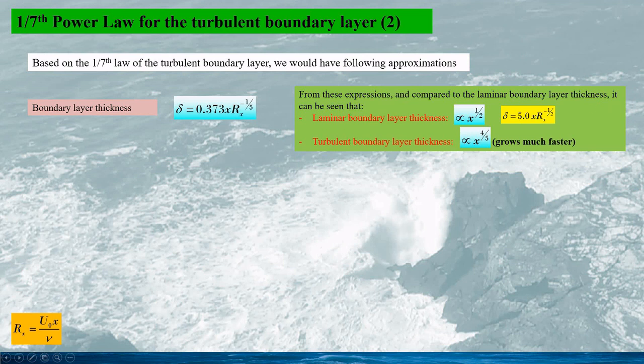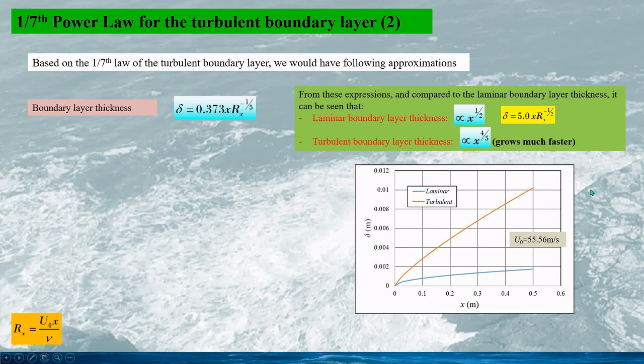It can be seen that the laminar boundary layer thickness is proportional to the square root of x. This is the laminar boundary layer thickness expression. The turbulent boundary layer thickness is proportional to x to the power of 4/5. Therefore, the turbulent boundary layer thickness grows much faster than the laminar boundary layer thickness.